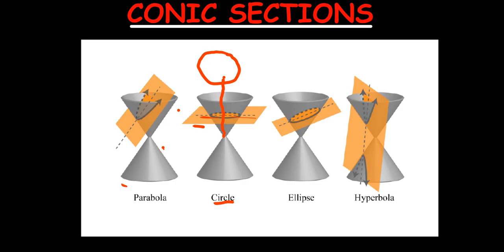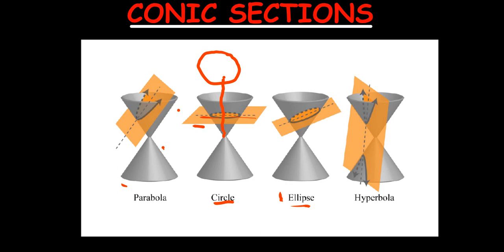Then in a case where this plane cuts at an angle, we have this funny name here called an ellipse. An ellipse is a shape that is formed when a plane cuts a cone in this way at an angle.